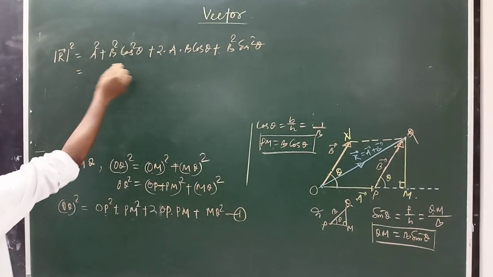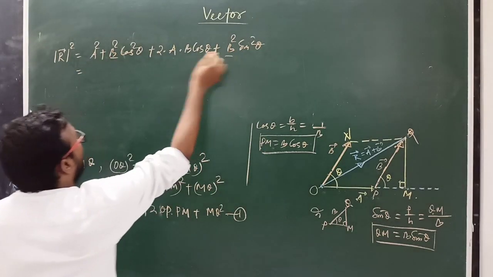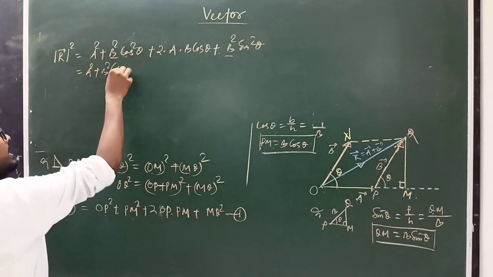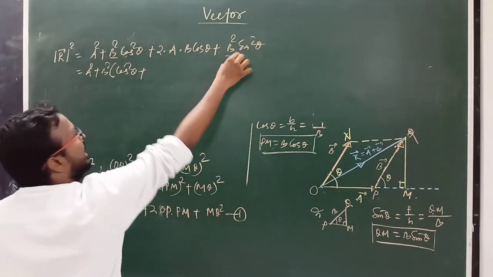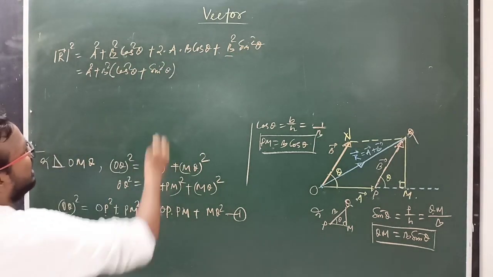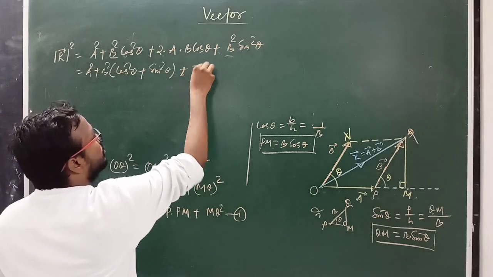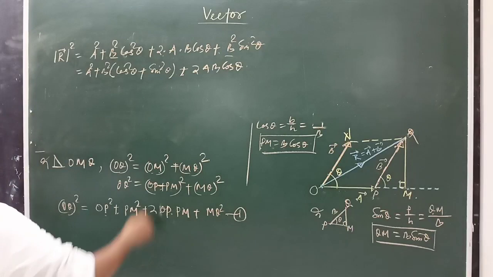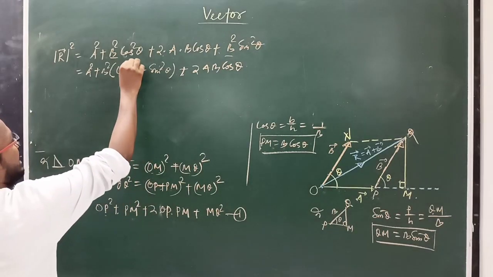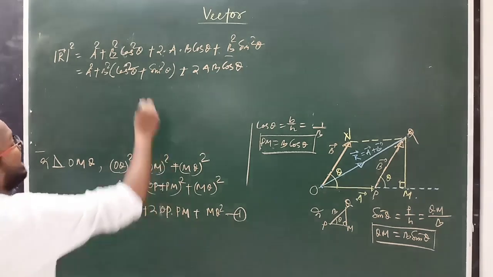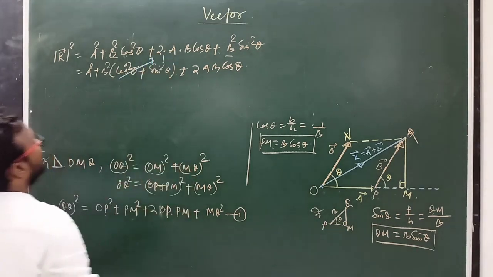Clear? Now look at this relation. B square is a common factor here. So you can write B square into cos square theta plus sin square theta, and the remaining part 2AB cos theta. We already know the trigonometric identity cos square theta plus sin square theta equals 1.